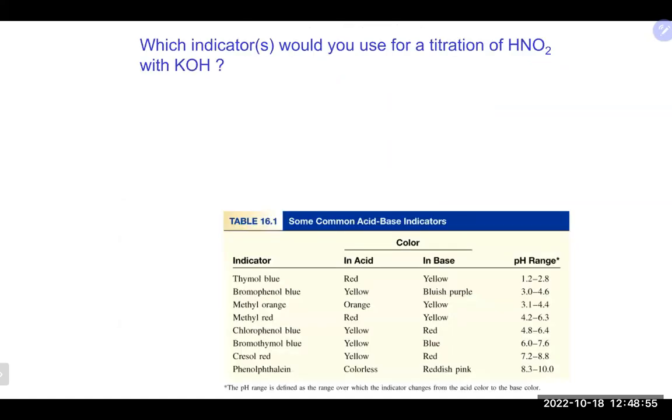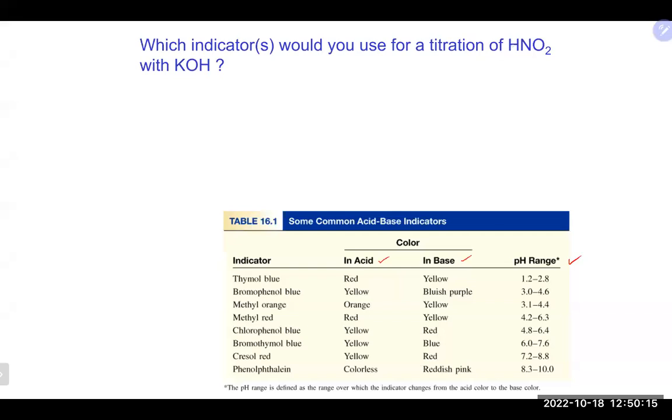So for example, if we did this titration like the one we just did, which ones on this list here would be a good choice of indicators? There's a bunch of indicators here, with their color in acidic solution and basic solution, and the pH ranges in which they work. So take a minute here and figure out which ones would be good on this list.